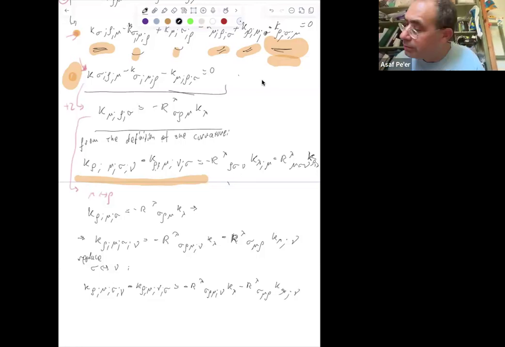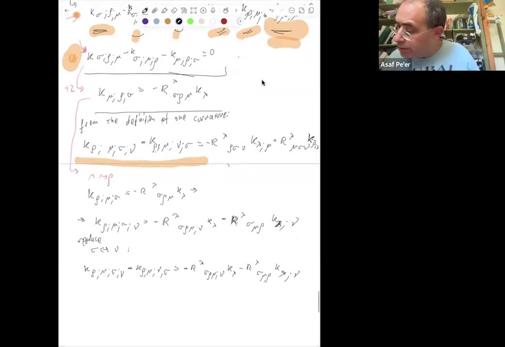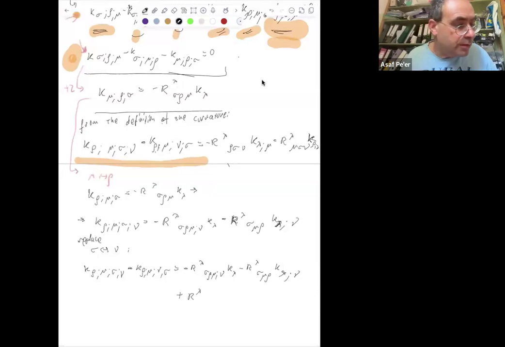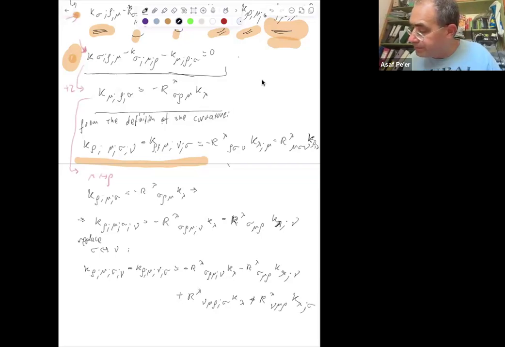What did I do here? Should be a lambda, right? Yeah. Plus R lambda nu mu rho sigma K lambda. Sorry, plus R. I switch here the order to put the plus R lambda nu mu rho K lambda sigma.